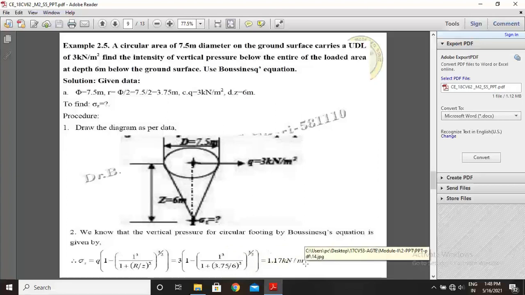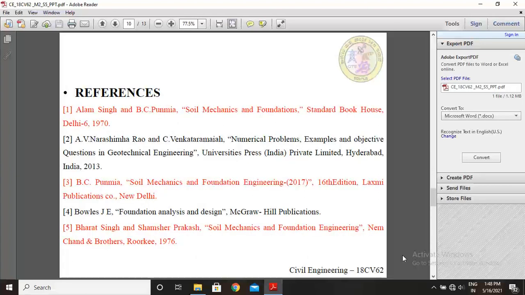So we get the answer 1.17 kilonewton per meter square. This is the solution of this type of problem. In this problem, you should remember Boussinesq's equation for circular footings, substitute the values, and after using the calculator we get the correct answer.